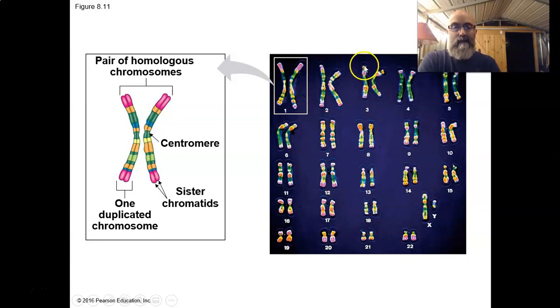And this chromosome may not be exactly the same as this chromosome. In fact, they almost never are. But they contain the same genes. So say the gene for eye color is on chromosome 8 and 6. One of your copies of that gene comes from your mother, one comes from your father. So we have 2 copies of every chromosome. Okay?